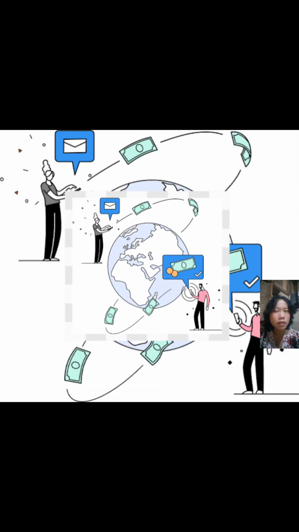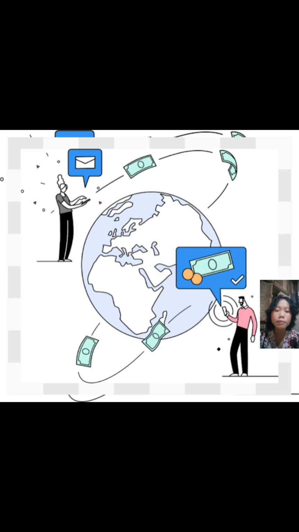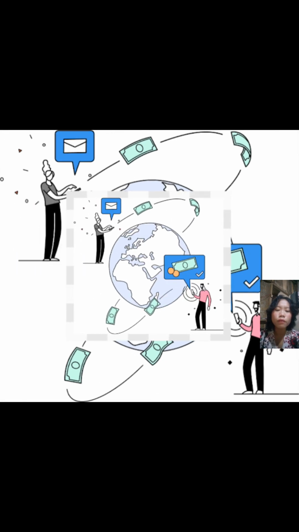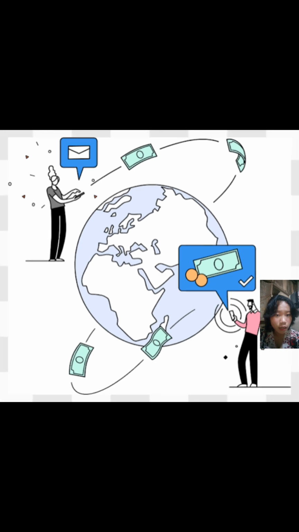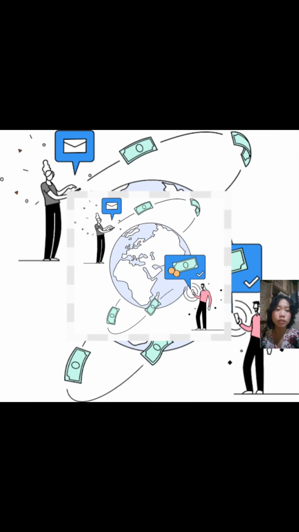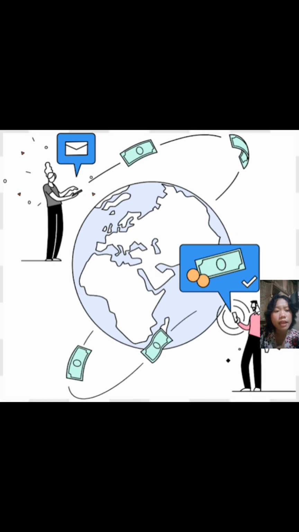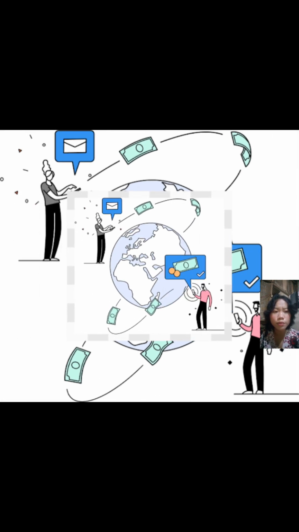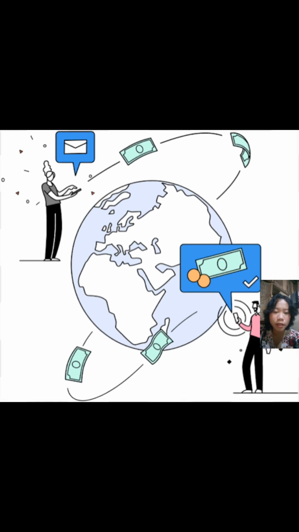And remittances, let's say for example, when people move abroad for work like OFWs, they often send money back to their home countries to support their families. And this money helps their home country's economy as well.